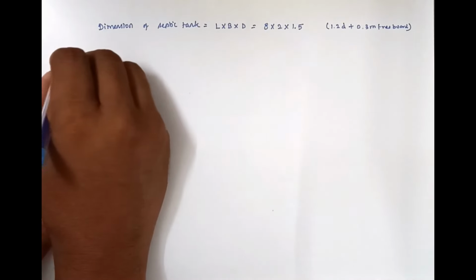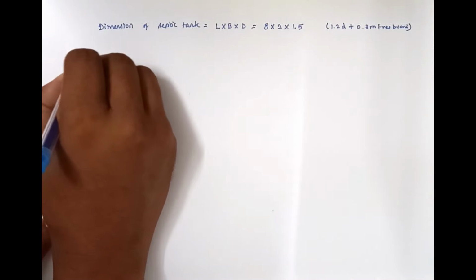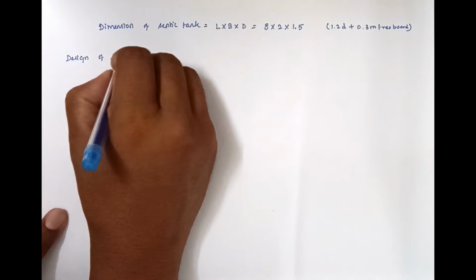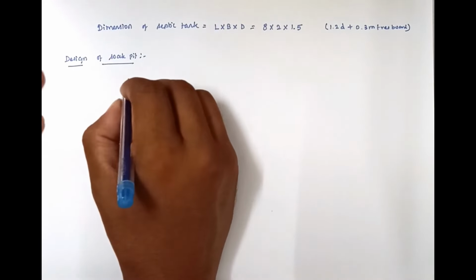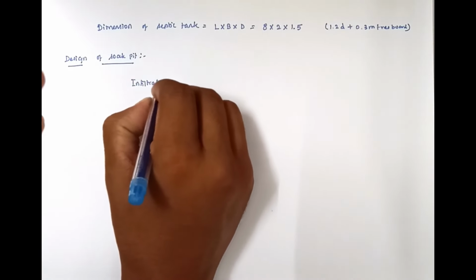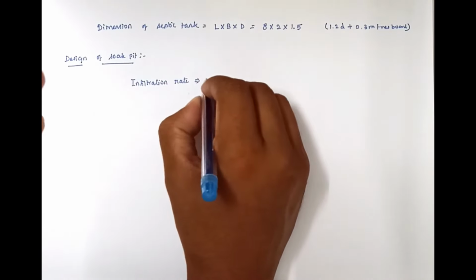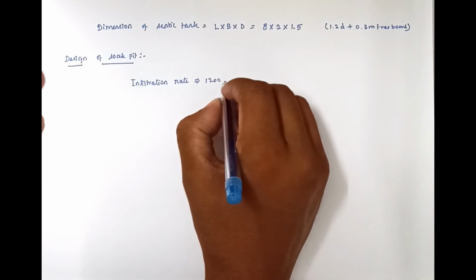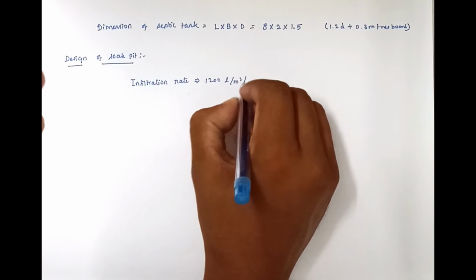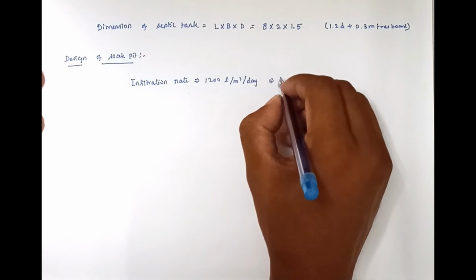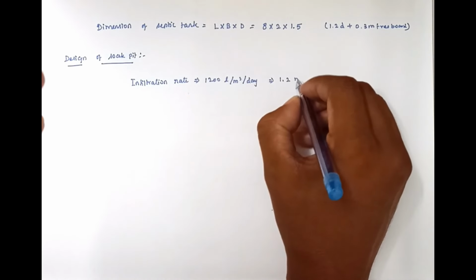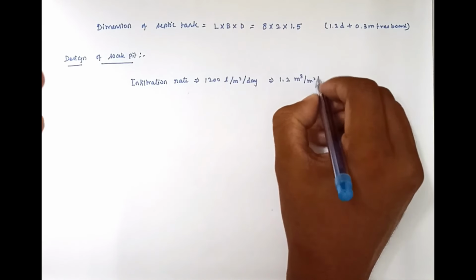Next we are going to find out the design of the soak pit. In the soak pit, the given infiltration rate is 1200 liters per meter cube per day, that is 1.2 meter cube per day.